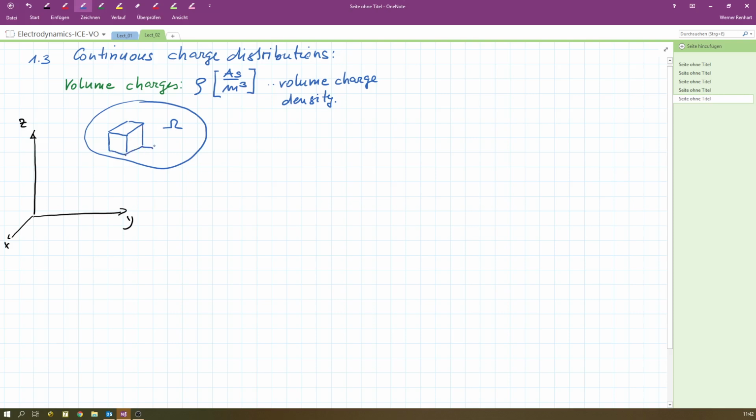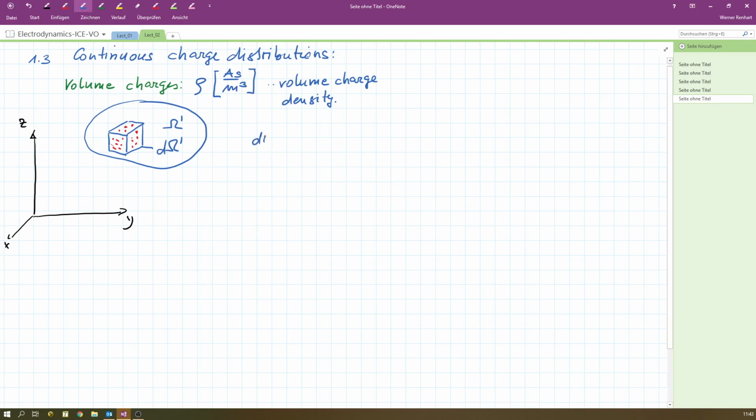This may be d omega prime. And we have also this, because it's a source volume, primed nomenclature, and we have some charges inside this infinitesimal small cube.